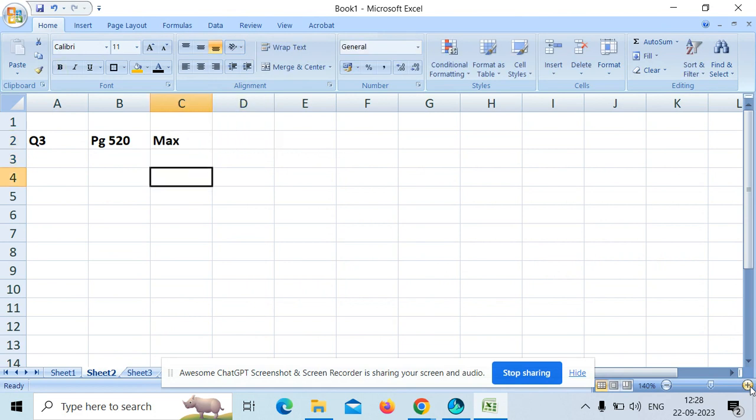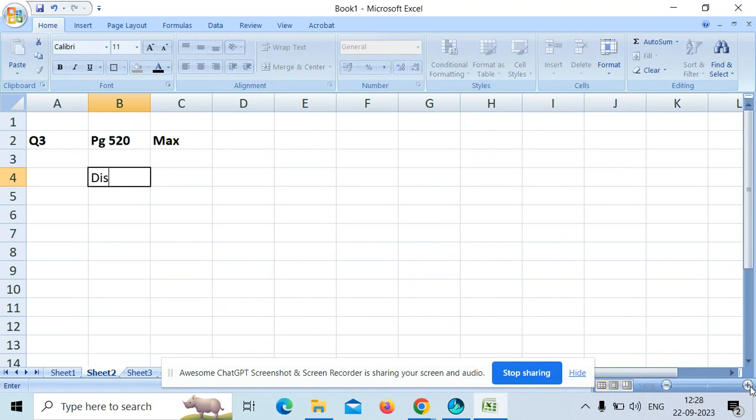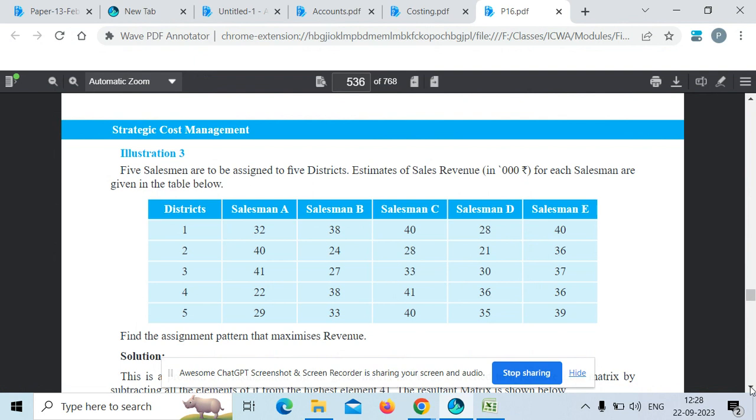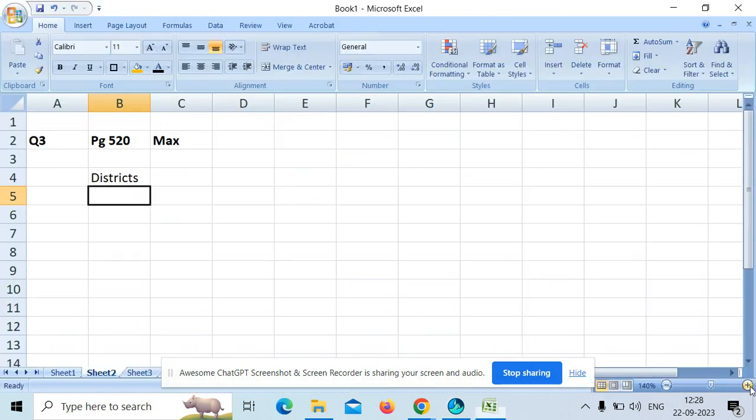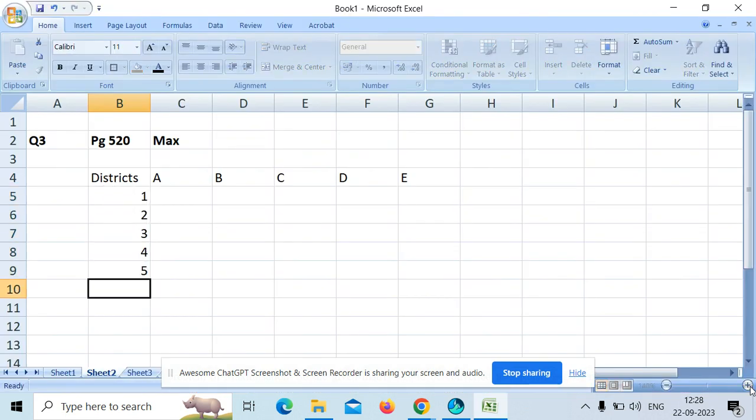Now again I'll note down my question first. This is district, then salesman. Salesman A, B, C, D, E. Here I have district as 1, 2, 3, 4, 5.